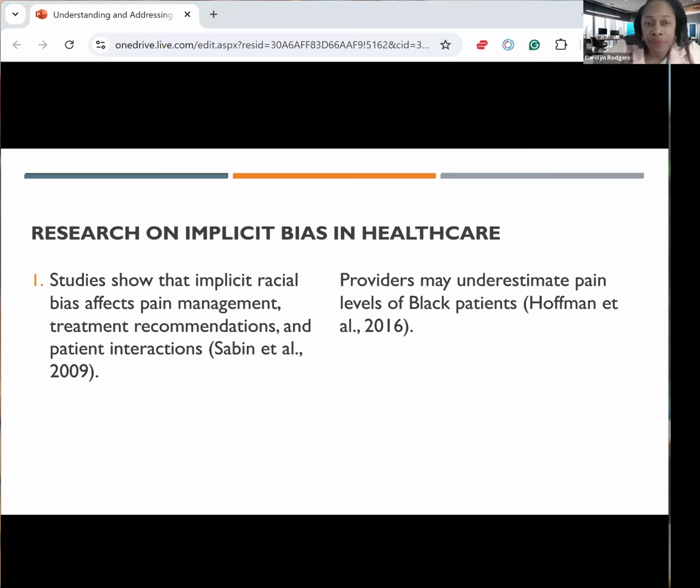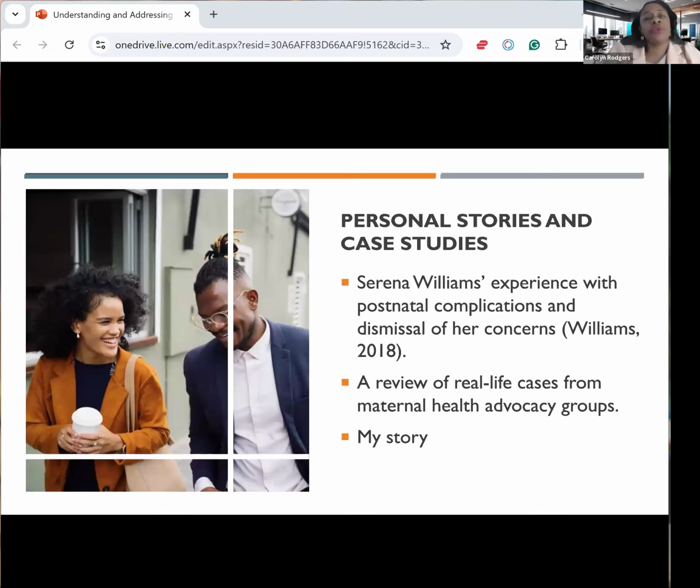So, in terms of personal stories, one of the celebrities I wanted to talk about is Serena Williams. Many of you know the story about Serena having complications, but I wanted to go further into her story to explain what actually happened. After Serena delivered her daughter Olympia by C-section in 2017, she experienced some serious complications.